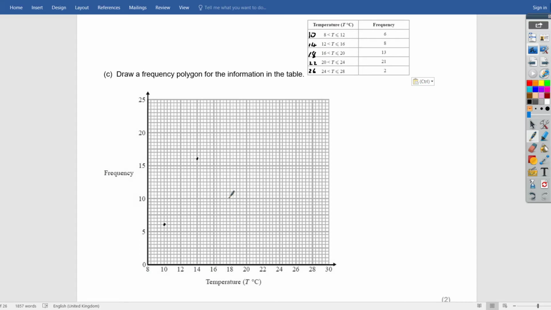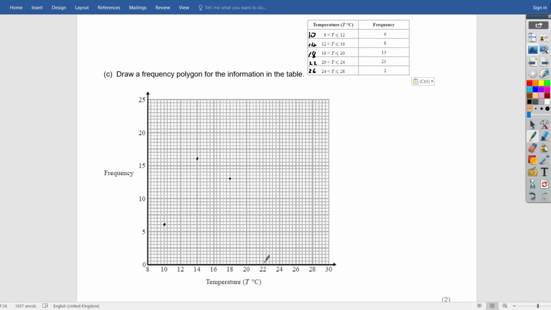So there's 10 here, so there's 11, 12, 13 there. Next point is going to be 22.